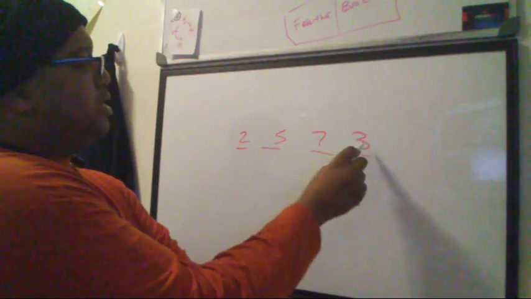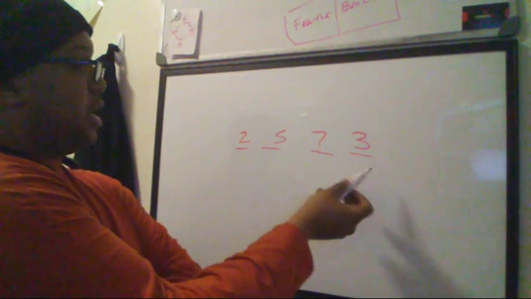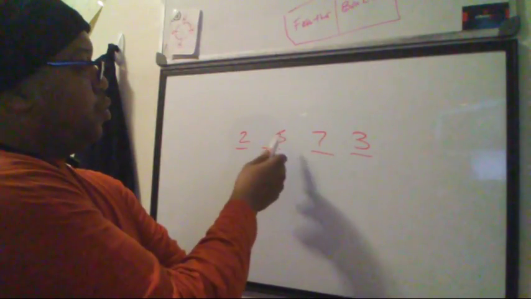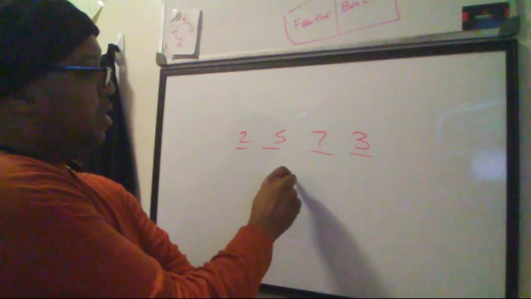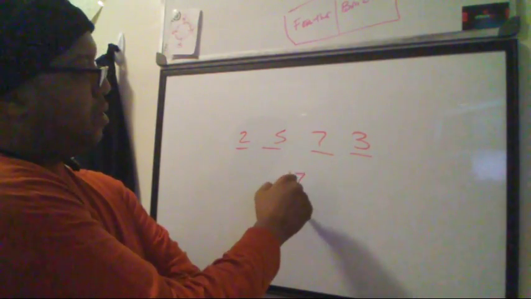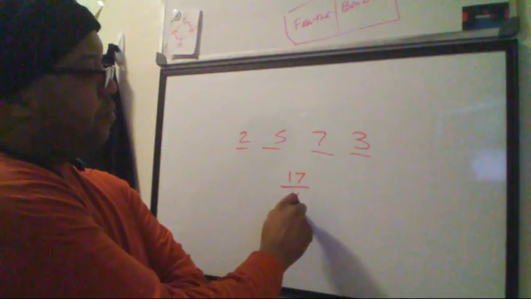So I would add all these up and then divide by the number of numbers in the set. So 2 plus 5 is 7, 14, 17 is the total, but we're going to divide by 4.